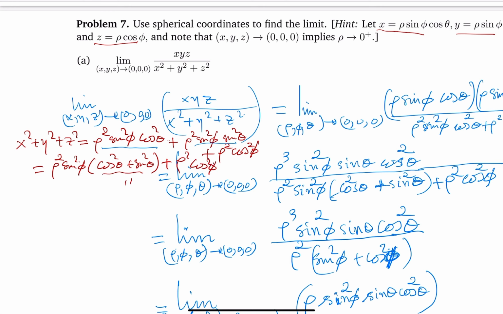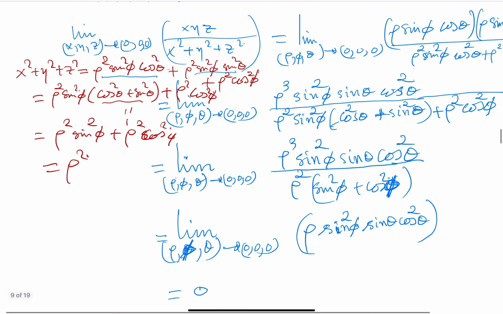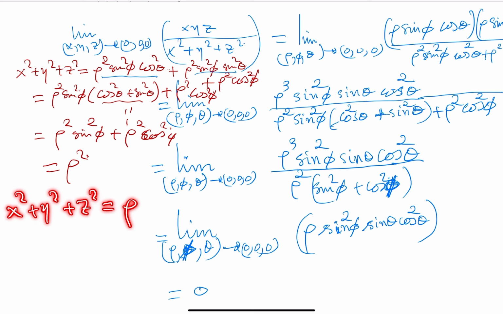And this one is just equal to 1. So we end up having this one squared sine, this one squared, plus cosine, this one squared. So same thing here is just 1, so we end up having this one. Now the whole thing, x squared plus y squared plus z squared is just this one. Okay?